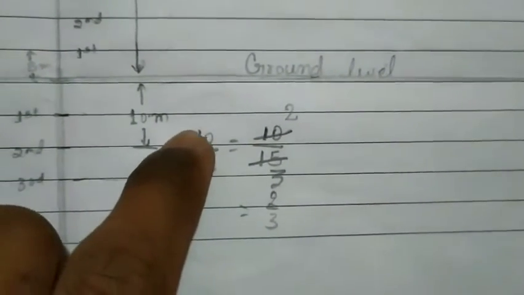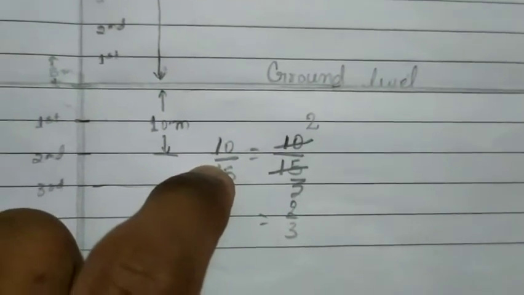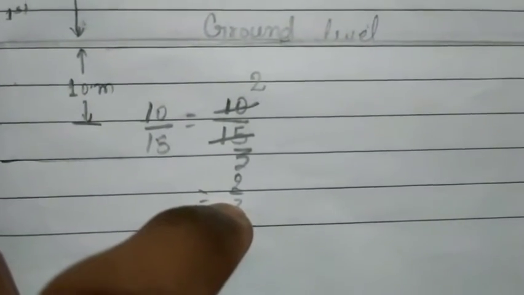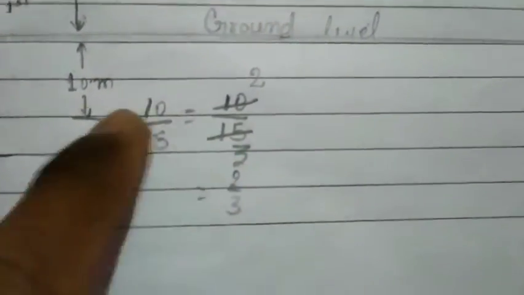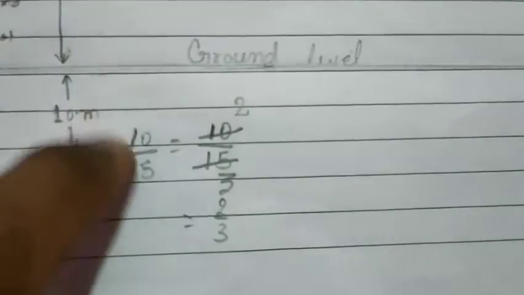Very simple. We know that 10 upon 15 got cancelled, but 2 upon 3 cannot be cancelled further. So 2 upon 3 is in the form of lowest terms, but 10 upon 15 was not.